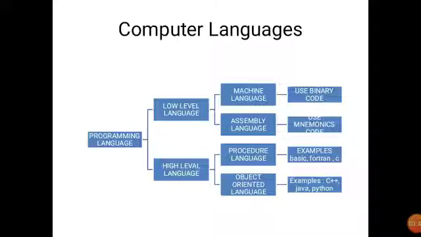The high level languages are close to human beings. It is written in English. The method of writing the programs are classified into two categories in high level language. One is procedure oriented, the second is object oriented programming languages.